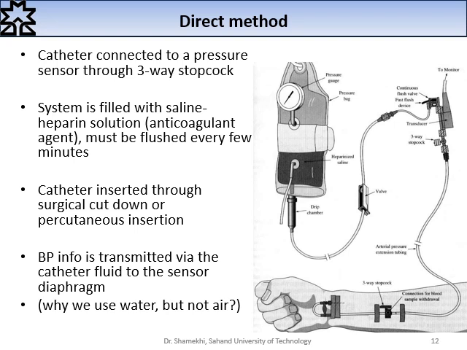And also you should answer this question: why do we use water but not air? The answer is the compression coefficient of air is not appropriate for our measuring, and also air is not compatible with our blood.